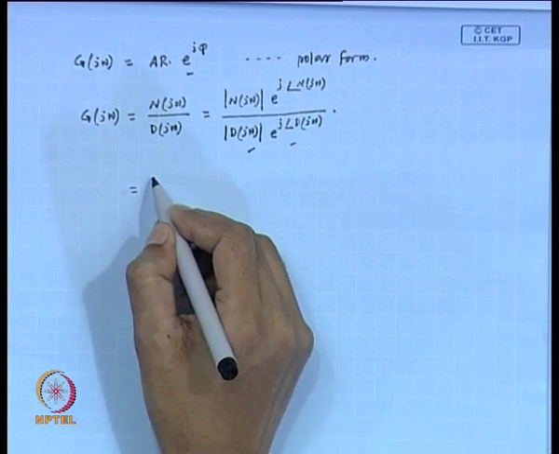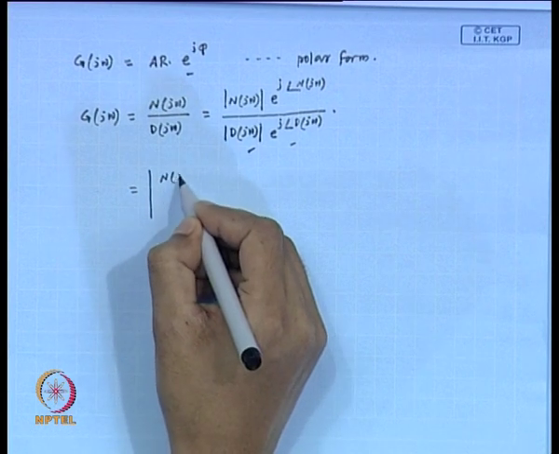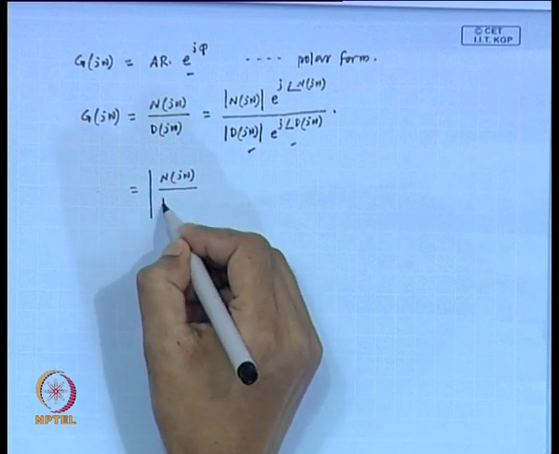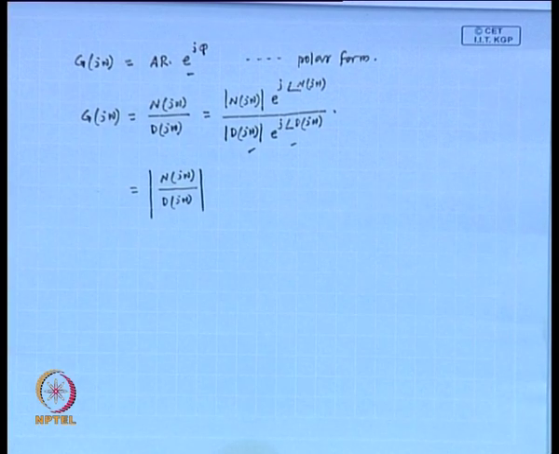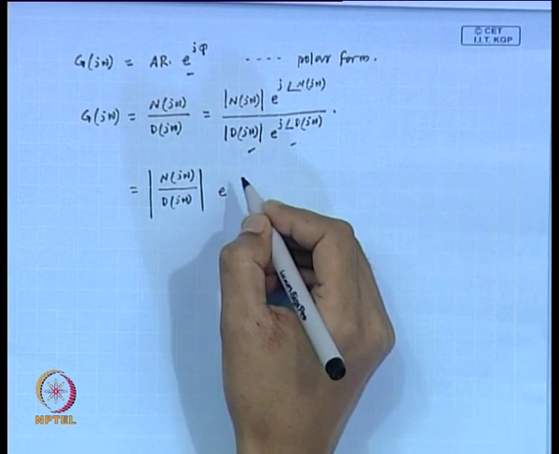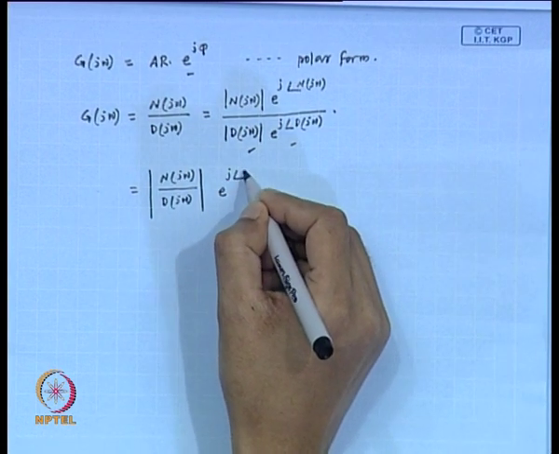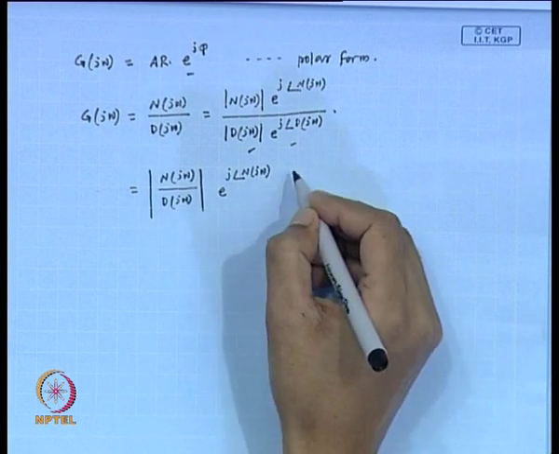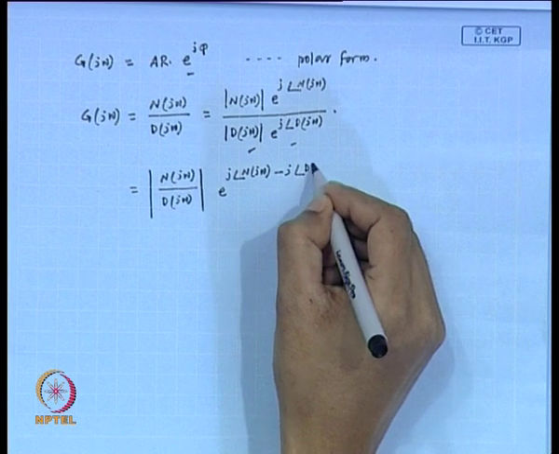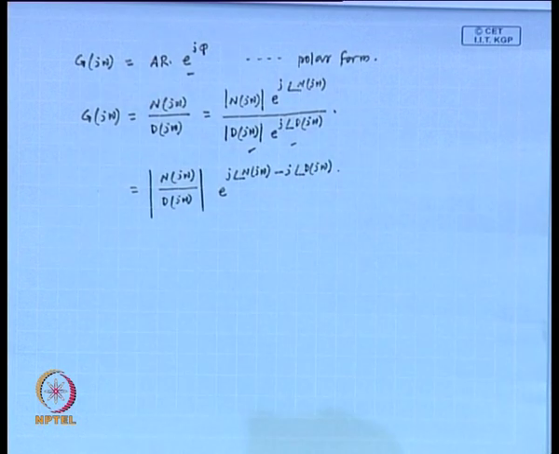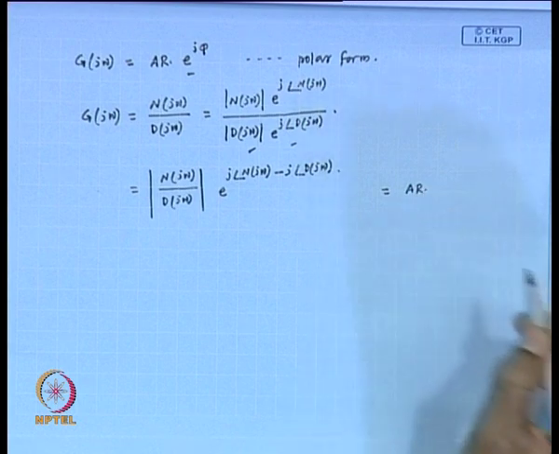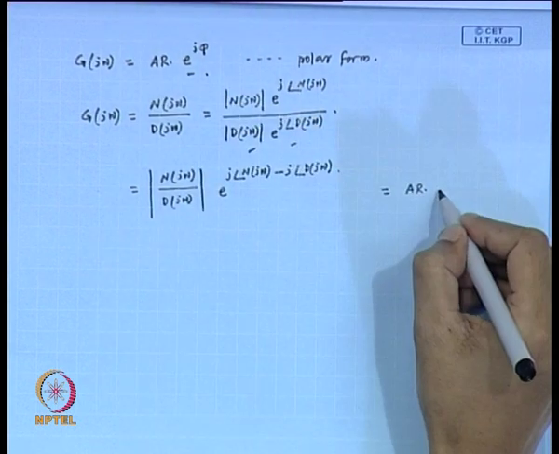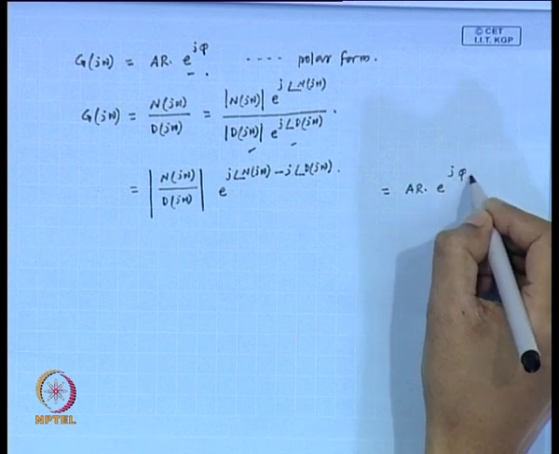Now, this we can write again as numerator magnitude divided by denominator magnitude, exponential j (phi n j omega minus phi d j omega). Fine. The polar form of the frequency response transfer function we have written here, amplitude ratio exponential of j phi.